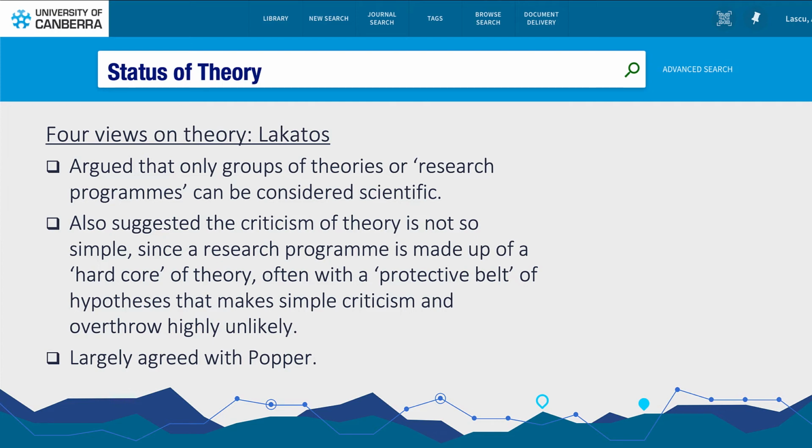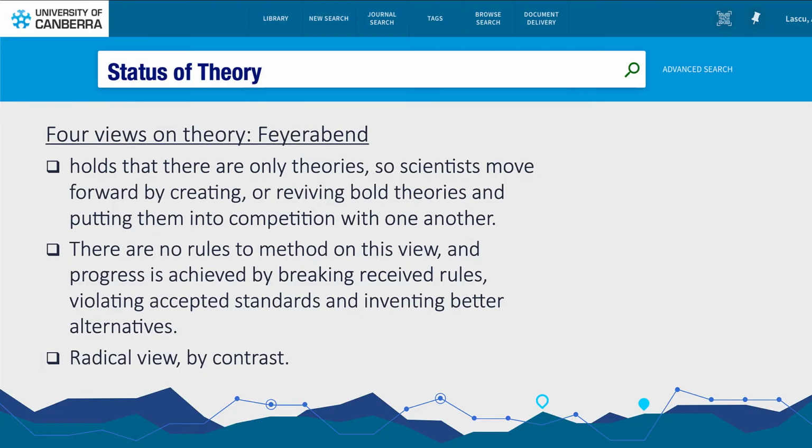They largely agreed with Popper, but the idea is that there is a central idea that governs everything a research program does, and surrounding that is a buffer that makes it really difficult to access that core theory. And finally, we have Feyerabend, who holds that there are only theories.